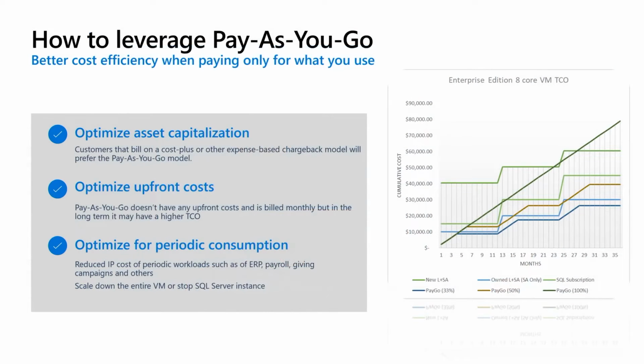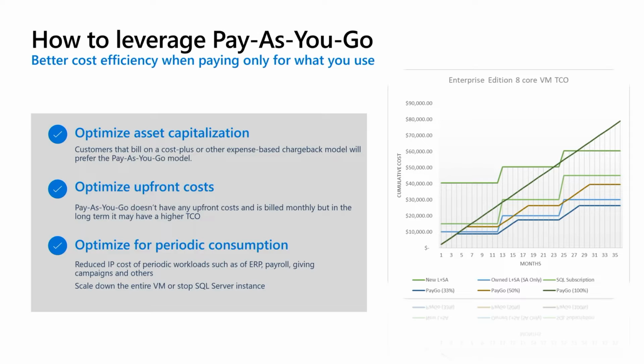And we have a chart here to illustrate the difference. As you can see on that chart, with the pay-as-you-go option, if you think about the 3-year span, if you run all the time, it's by far the most expensive option. You will not be very cost effective in that case.